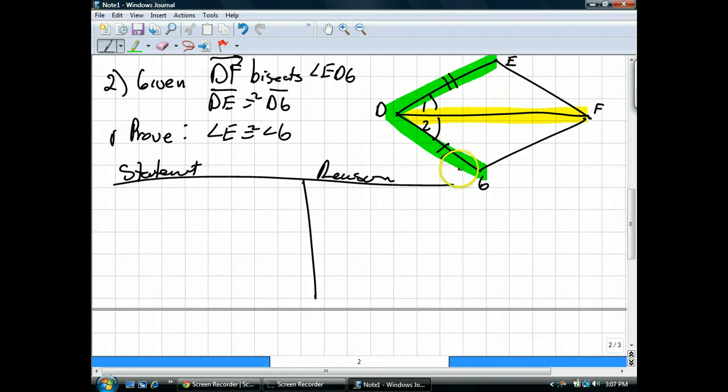So I have a side and an angle of one triangle congruent to a side and an angle of another triangle. So I either need another side or I need another angle. Well, notice that both triangles share this side.